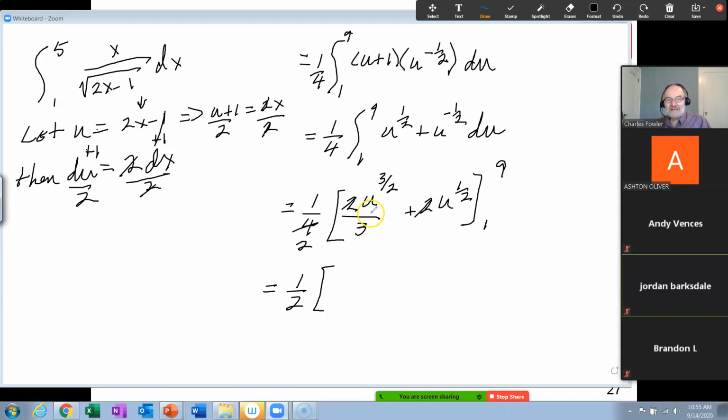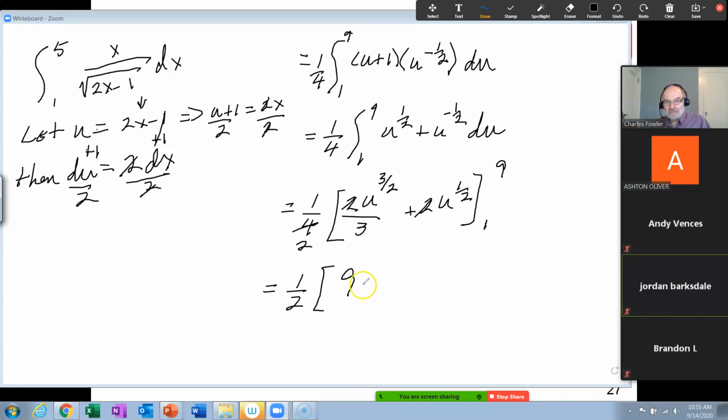All right, now we do our evaluation here. Since it's to the 3/2 power, I like to do the square root first and then cube that. So when u is equal to 9, the square root of 9 is 3. 3 cubed is 27, and 27 divided by 3 is 9. Okay, we're right back to 9.